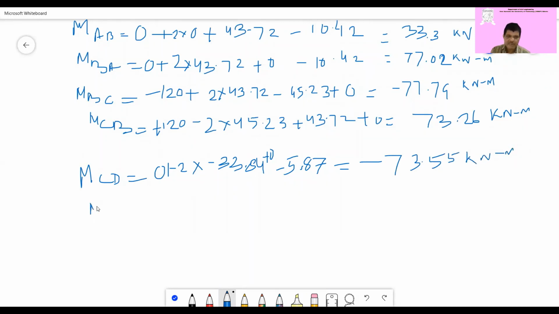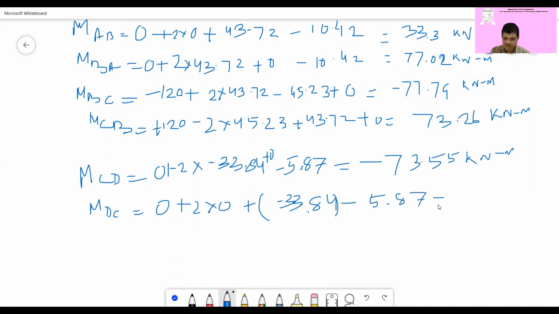You can calculate MDC: 0, near end 0 because of fixed end, far end is coming minus 33.84. So this value is minus. Then displacement comes minus 5.87, and so this comes out to minus 39.